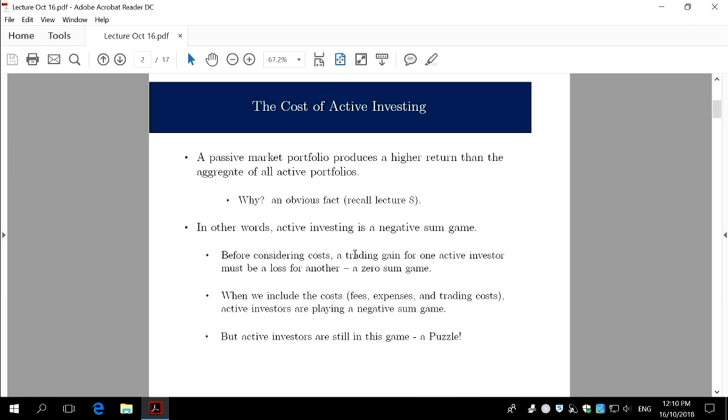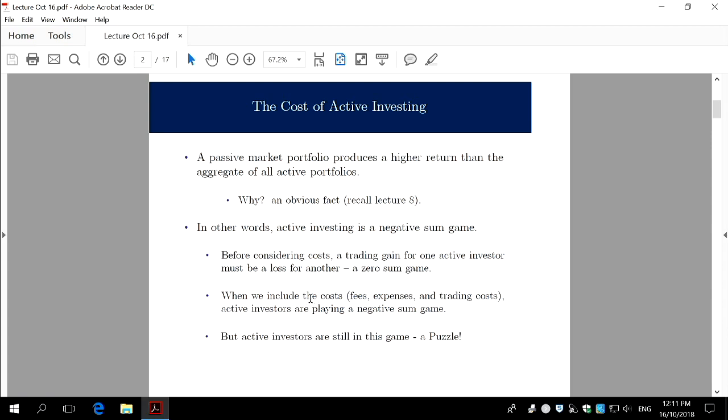What I mean by loss doesn't mean you generate a negative return. Just that compared with the index return, you got a lower return, that means you suffer a loss. If you get a higher return than the index, then you earn a profit, okay? So if there is no cost, it's a zero-sum game. Some investors will be above the market return, some below, but it's zero-sum.